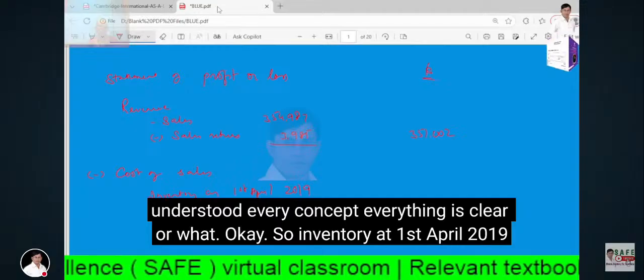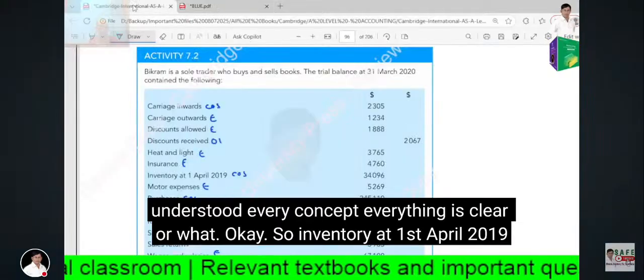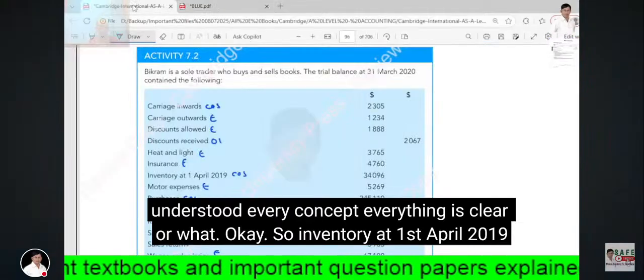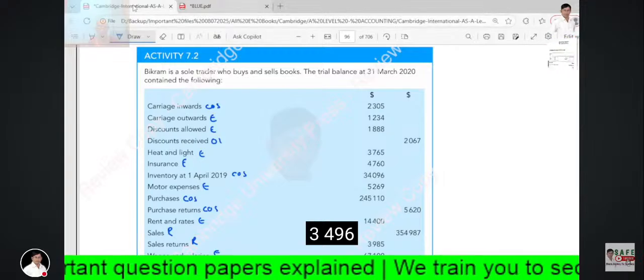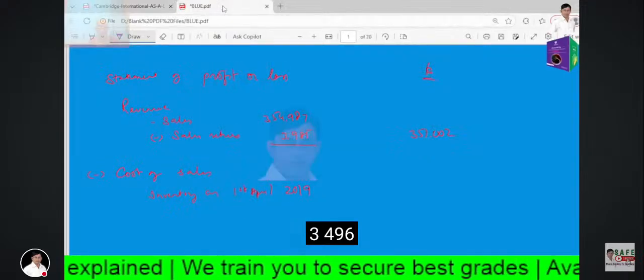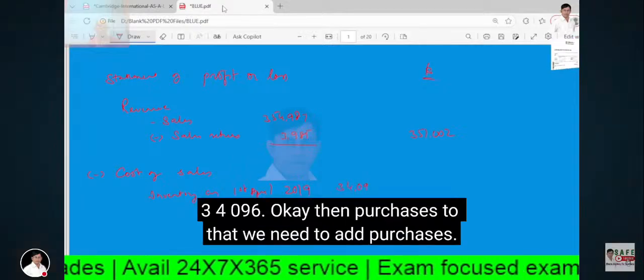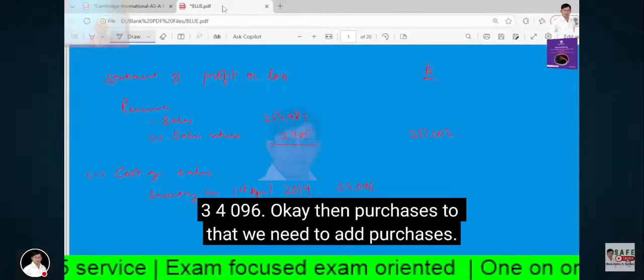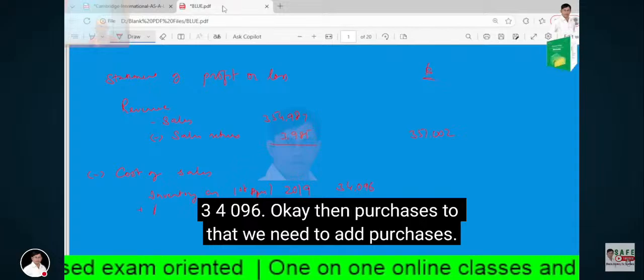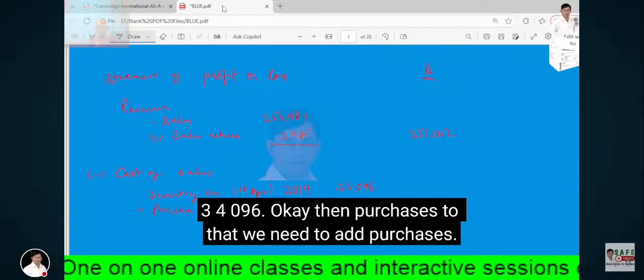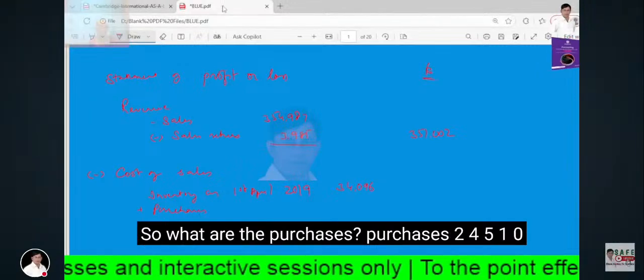So inventory at 1st April 2019: what is the inventory on this date? It is 51,340. Then trade receivables.